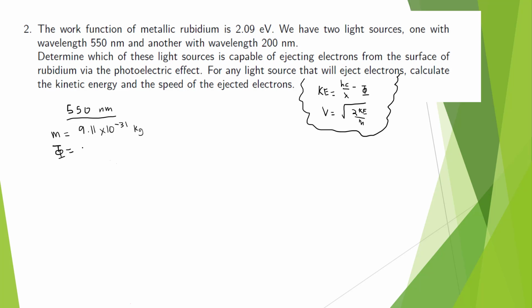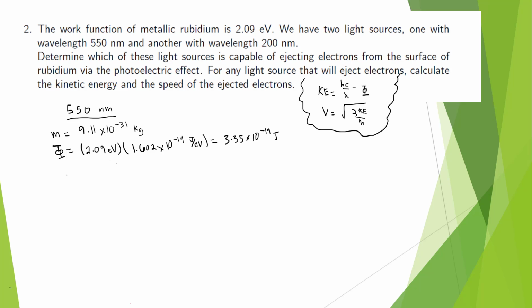It's going to be 2.09 electron volts times that conversion factor of 1.602 times 10 to the negative 19 joules per electron volt, which is equal to 3.35 times 10 to the negative 19 joules.